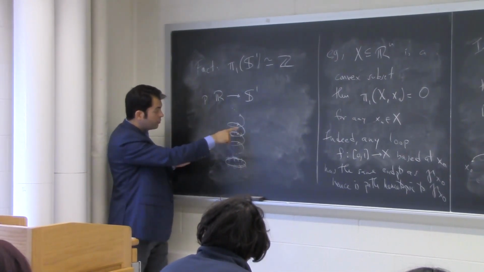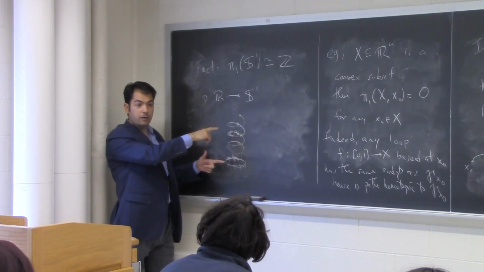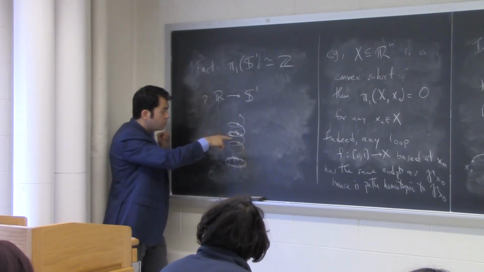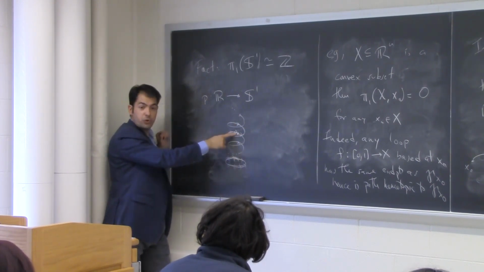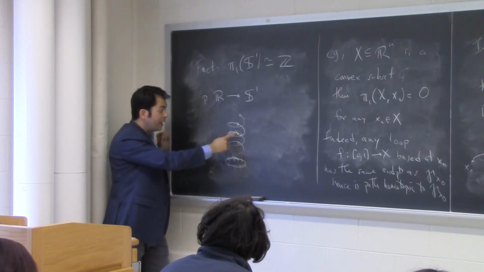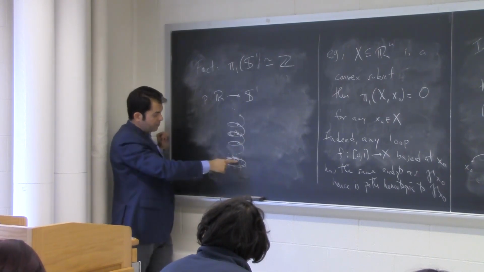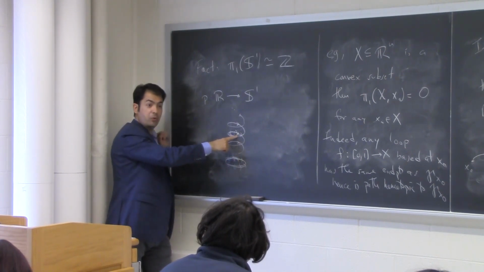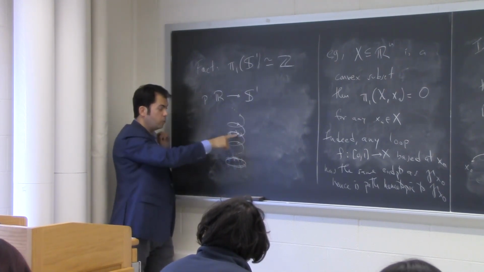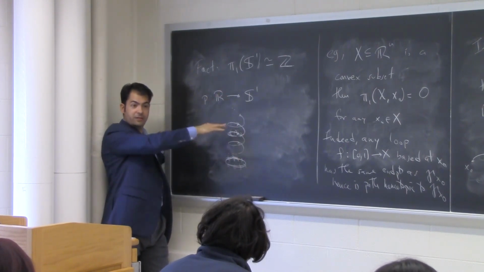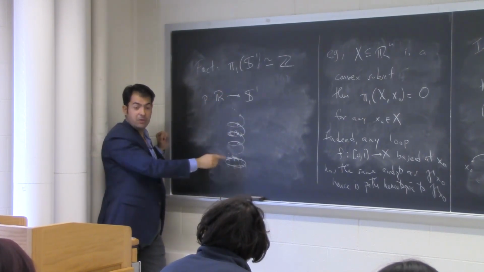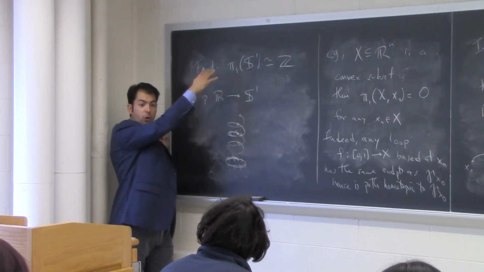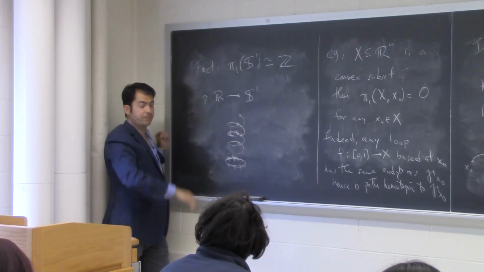Well, if you look at the problem up on R, then it's trivial because you lift your path, you have no choice once you've chosen the initial point, and you end up above the point where you started, but it doesn't have to be at the same point on R. It could be a different floor on this helix, right? And so then how many times did you go around? It's just how many floors did you go up or down.